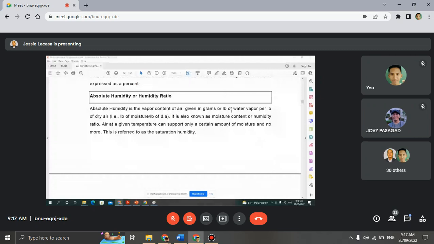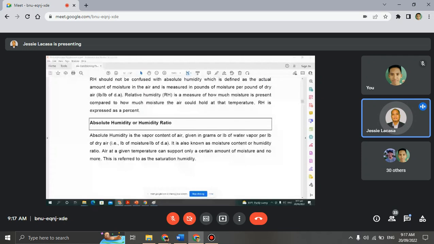Yes, that's right. When we say humidity ratio, that is the actual amount of moisture present for that particular volume or mass of air.